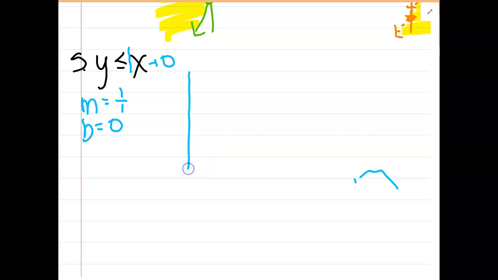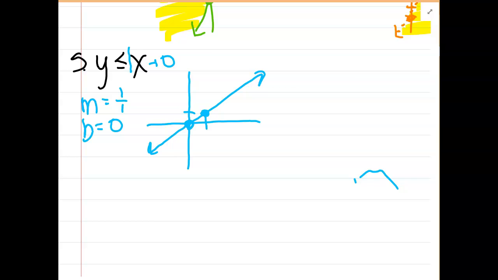So to graph this, you're going to start at 0 and put a point. And then my slope is 1, which means I'm going to rise 1, run 1. And then before you connect it, look at your inequality. Solid line or dotted line? Solid, because it's an equal to. So we're going to use a solid line.